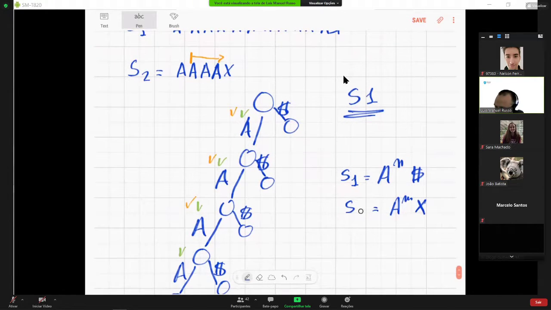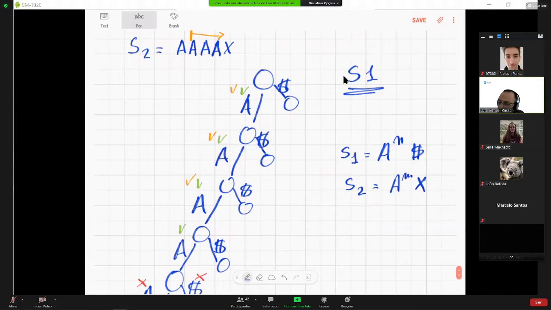Sorry, this is S2. If I have this like that, it basically means that every single letter is matched a bunch of times, right? So in the first time I match all the A's, okay? In the second time I match all the A's -1, and then all the A's -2.